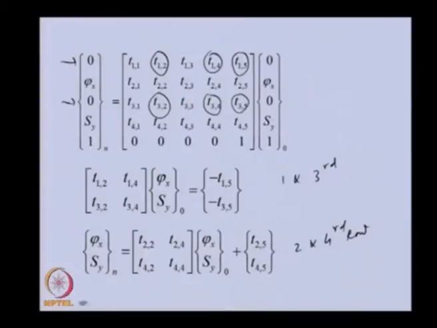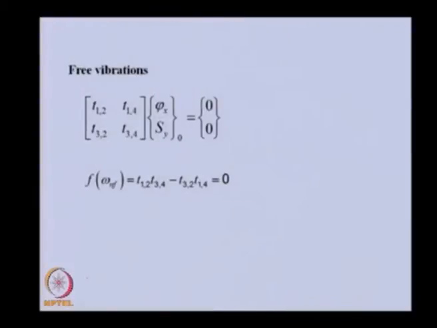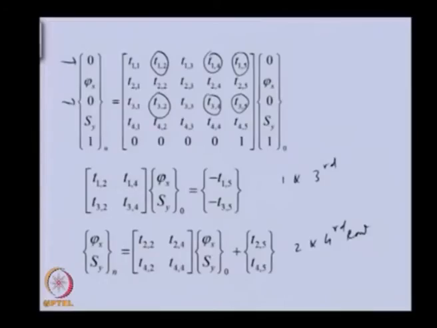Now, if we are dealing with free vibration, then from this equation, as I told, these are coming from the unbalanced component here, so these terms will be 0. Here also these terms will be 0.